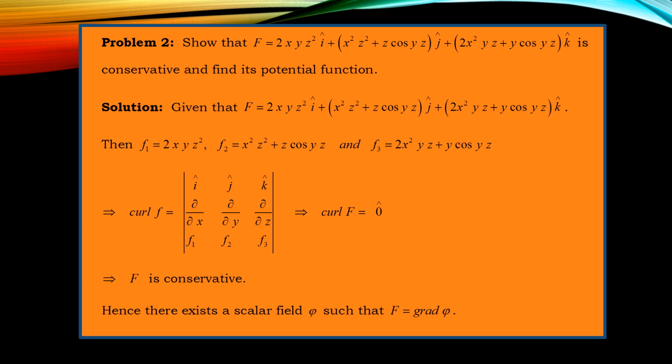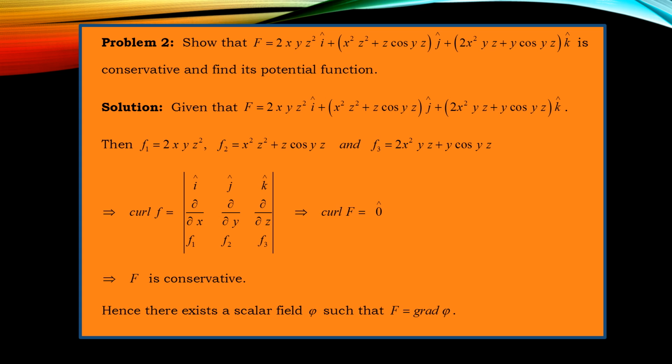If we expand this determinant with respect to the first row, we get the zero vector. Verify this yourself. So curl F equals the zero vector. So the given vector field F is an irrotational vector field. We can also say that the given vector field is a conservative vector field.